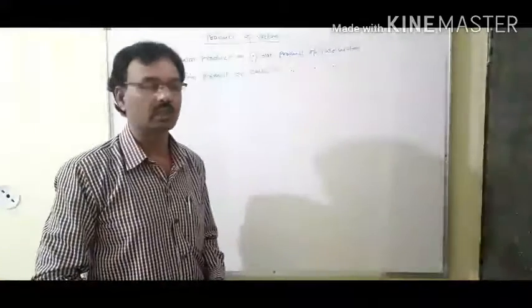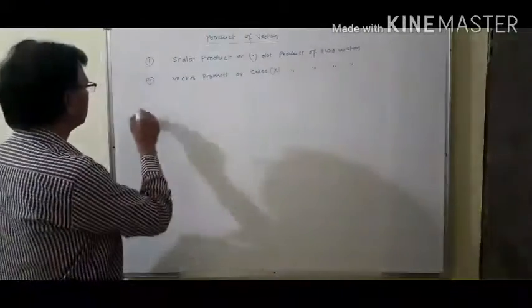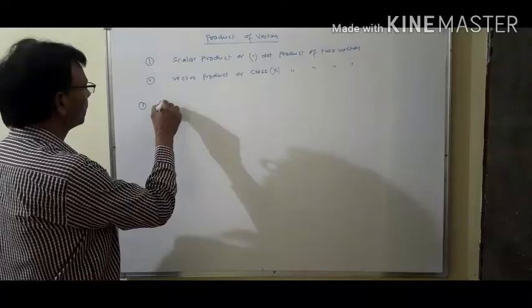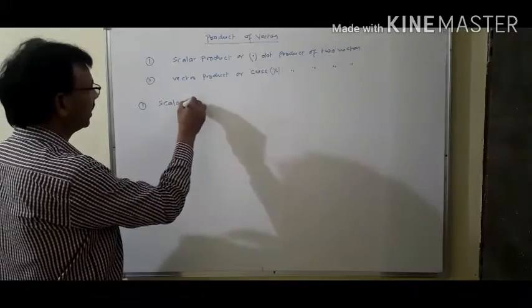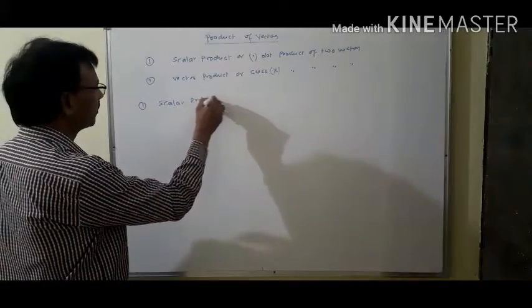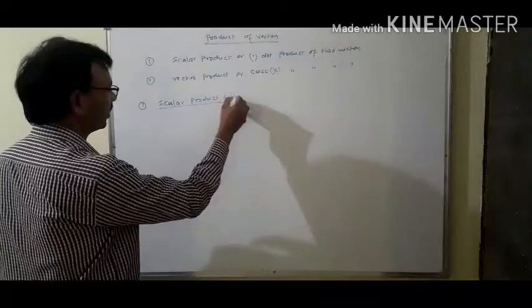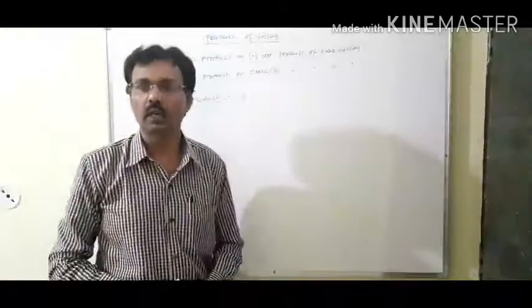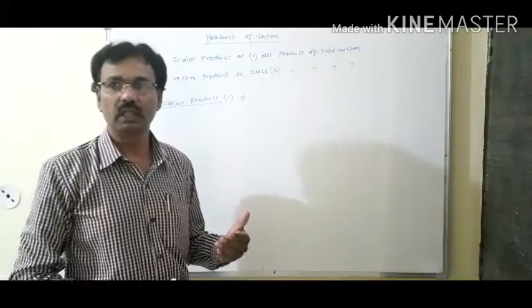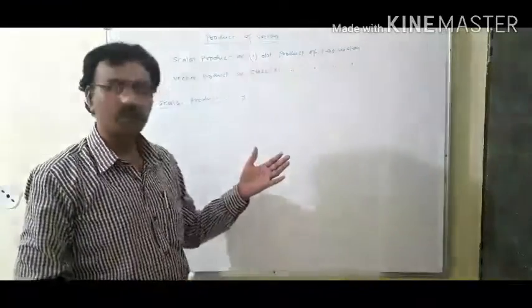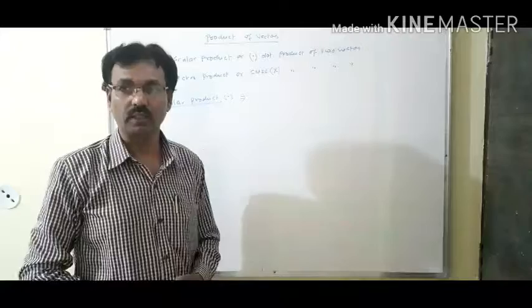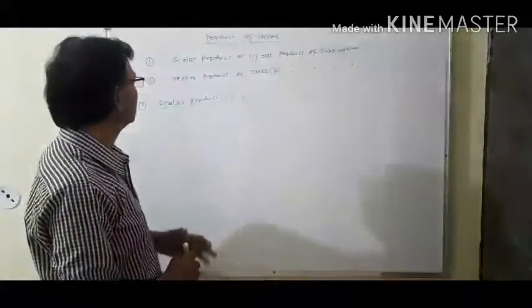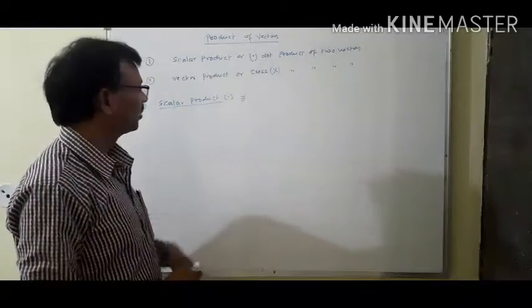What is the scalar product? Scalar product or dot product: if A and B are two vectors and the product of both vectors is a scalar quantity, then we know that this is the scalar product.